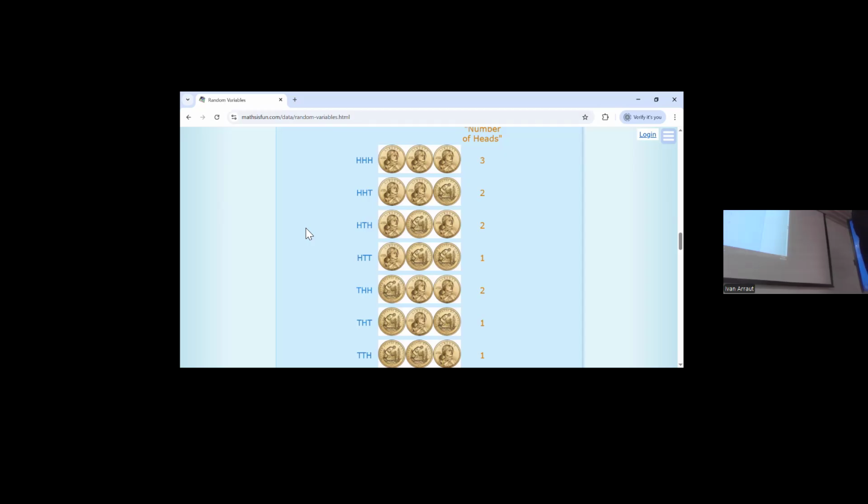Well, the expectation value of this random variable will be just the sum of each value multiplied by its probability.